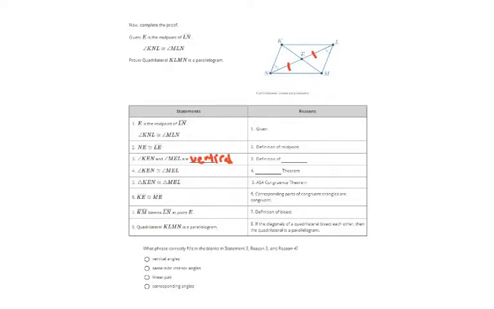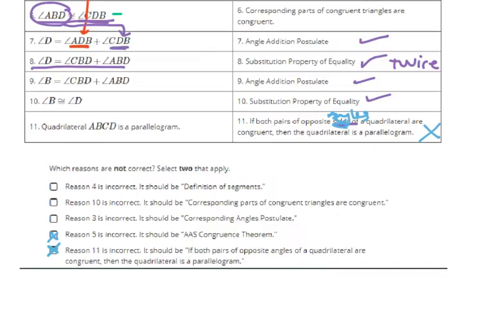Vertical angles, definition of vertical. And then KEN and MEL are congruent by the vertical angles theorem. And that's all you have to know for that one, apparently, because we've already done that part.